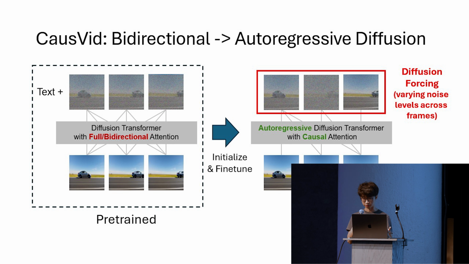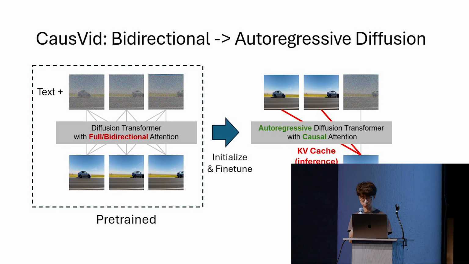Another important thing is that we use diffusion forcing. For normal diffusion models, on the left-hand side, you have the same noise level for all the frames. But at inference time, for example for autoregressive inference, usually your historical frames are entirely clean, but your current frame has some noise.